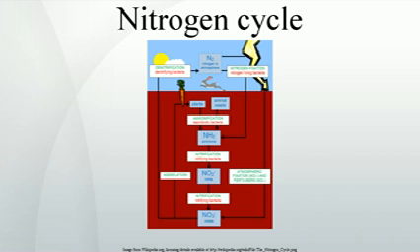The processes of the nitrogen cycle. Nitrogen is present in the environment in a wide variety of chemical forms including organic nitrogen, ammonium, NH4+, nitrite, NO2-, nitrate, NO3-, nitrous oxide, N2O, nitric oxide, NO, or inorganic nitrogen gas, N2.